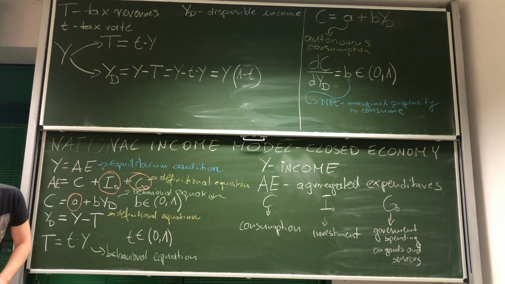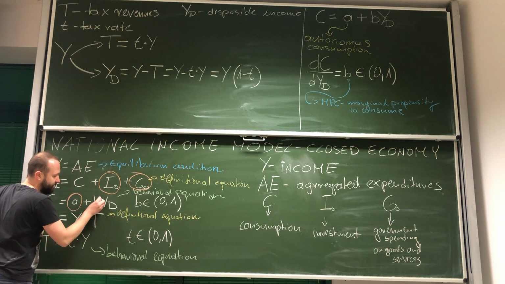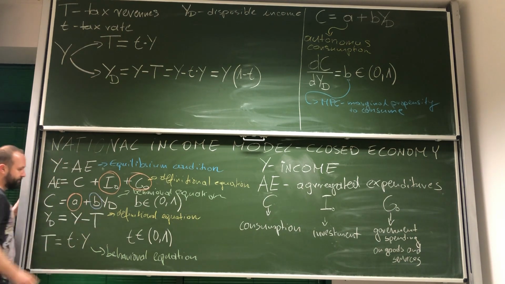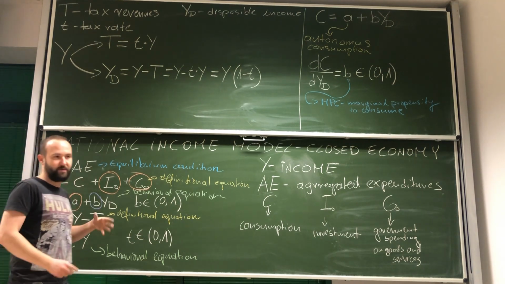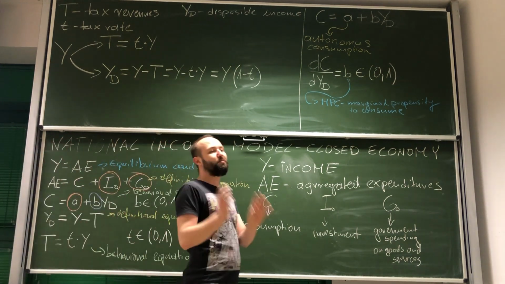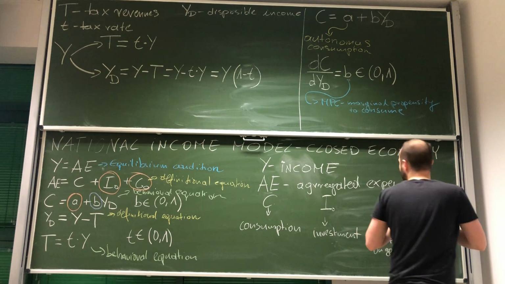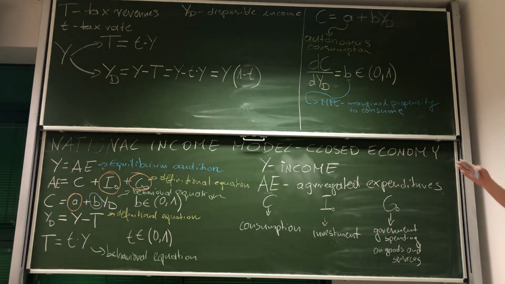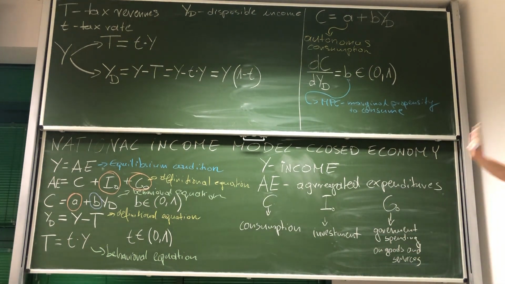However, we have two more variables that we are treating as exogenous. One of them is the marginal propensity to consume, B, because this is also a parameter in the model, right? We are not trying to explain the value of it. However, it's in a different form. It's still an exogenous variable, but it's a parameter.